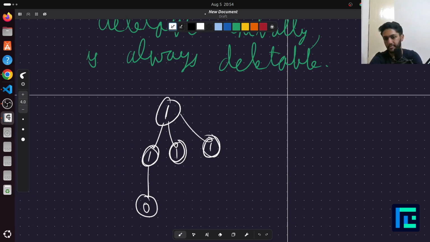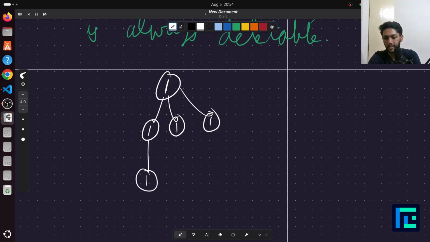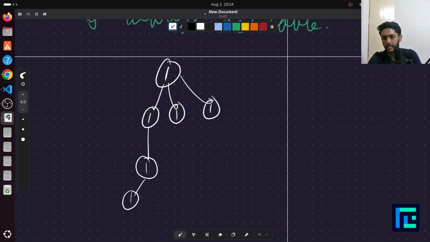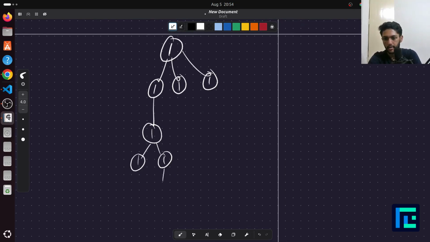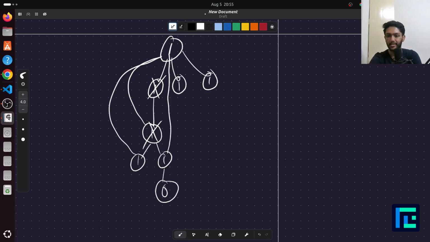Now you might be thinking, what if there is a 1 here, and there are 2 1s here, and there is a 0 at the end here. And finally, let's try to make this 0 the child of this, to disprove. Let's say we delete this. This is deletable, so this is fine. This edge is created. Now this is also deletable, so we can delete this, and these 2 edges are there. But this is not deletable. We cannot delete this.